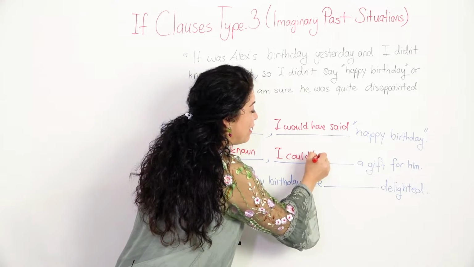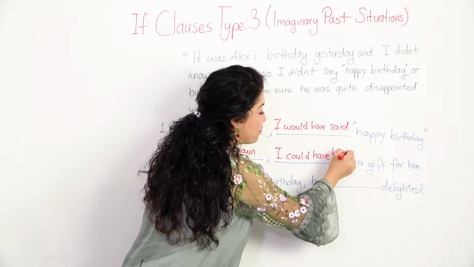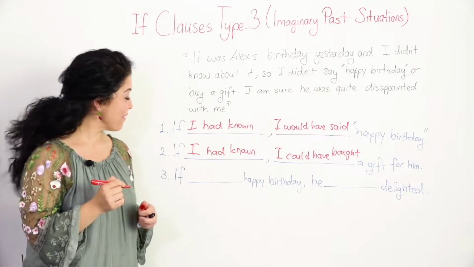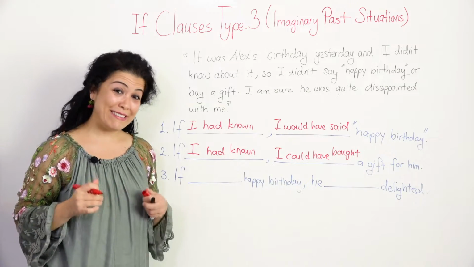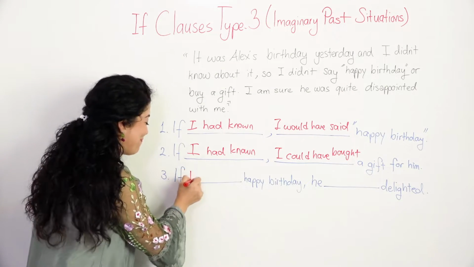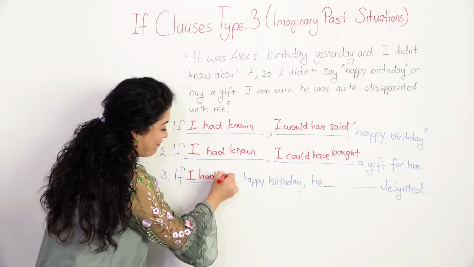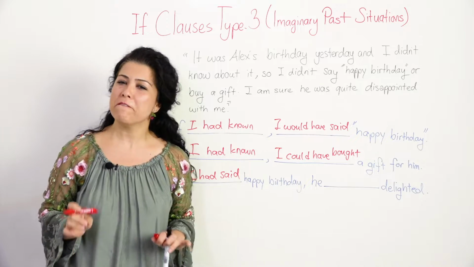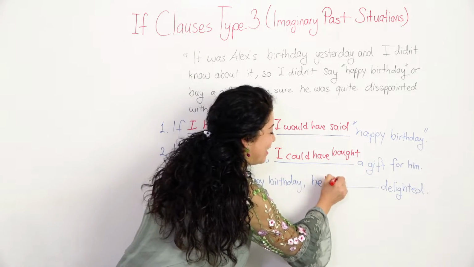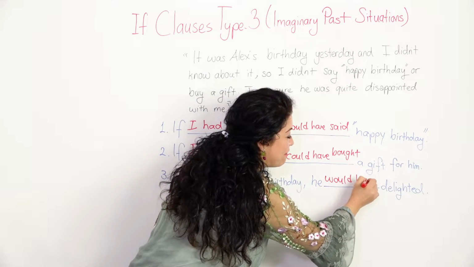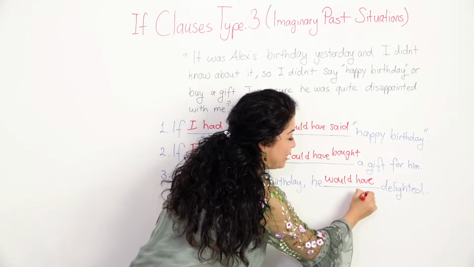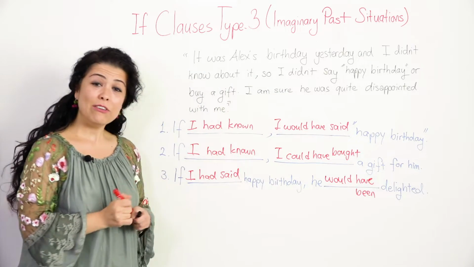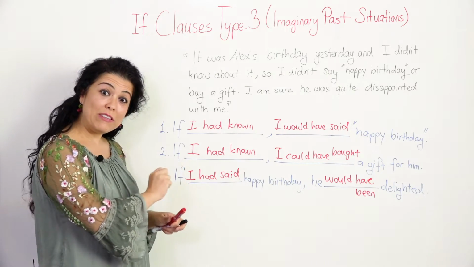I could have bought a gift. And if I had said happy birthday, he would have been delighted. Very happy. Would have been delighted.